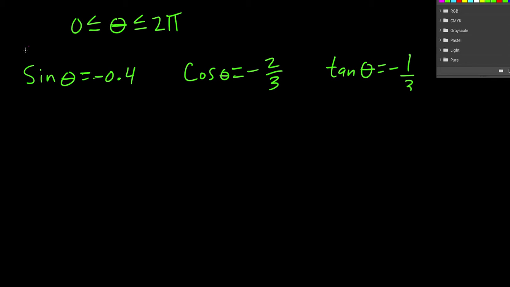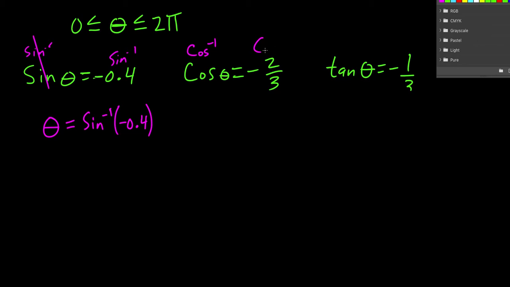So we're going to do an inverse sine. And so those cancel. Theta is equal to inverse sine, inverse cosine, inverse tangent.